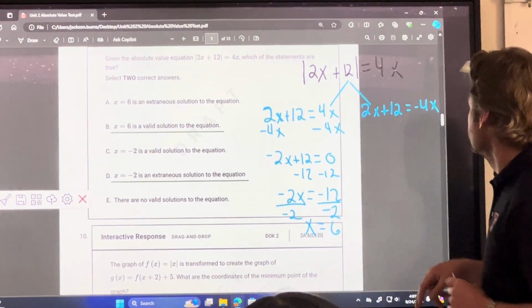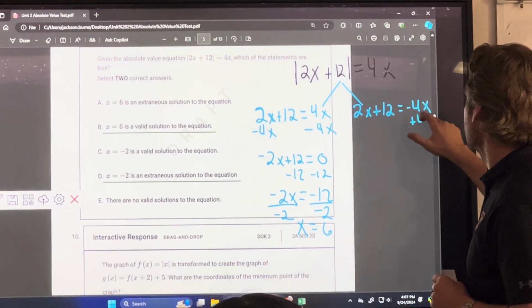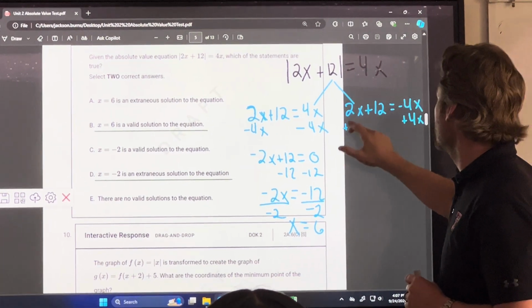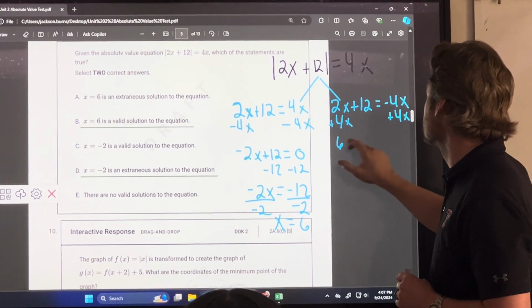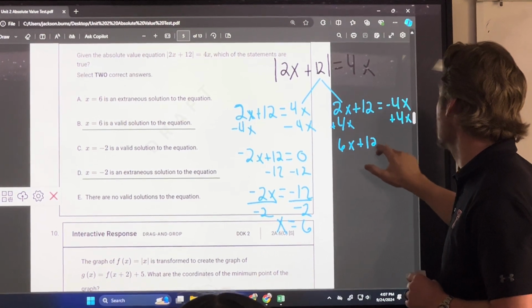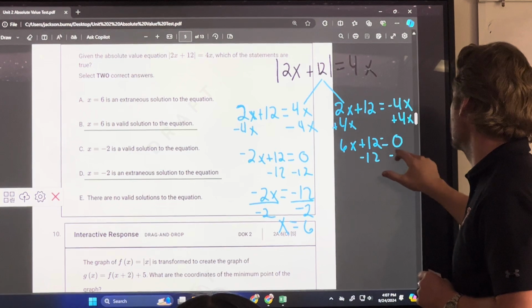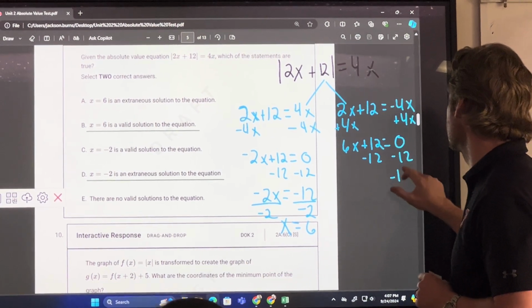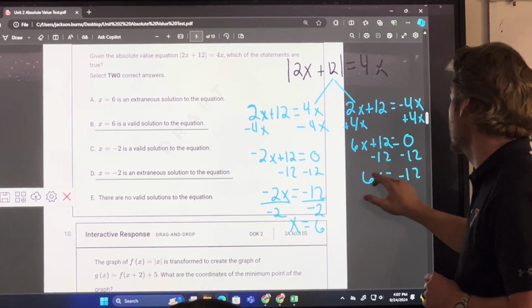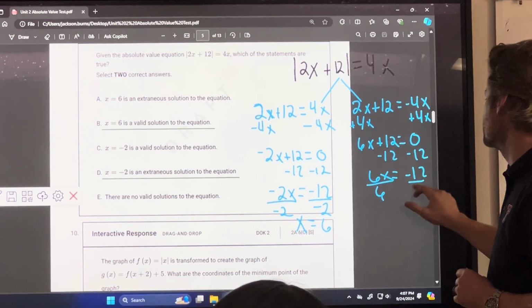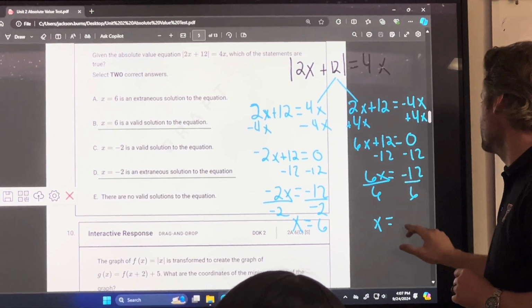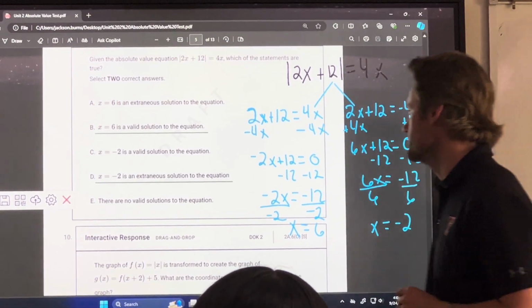On this side, I can add my positive 4x, so I get 6x plus 12 equals 0. Subtract your 12, negative 12 equals your 6x. Divide by your 6, you get x equals negative 2.